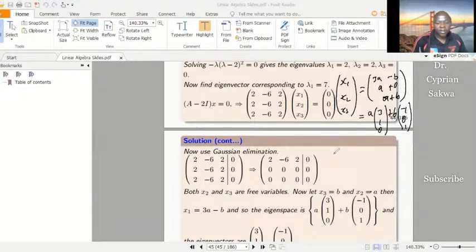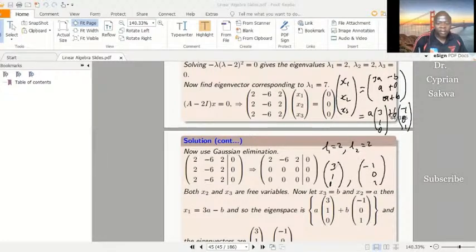So that means I had two eigenvalues. One was lambda 1 equal to 2. Another one was lambda 2 equal to 2. That means I have two eigenvectors. One has eigenvector 3, 1, 0. Another will have eigenvector -1, 0, 1.